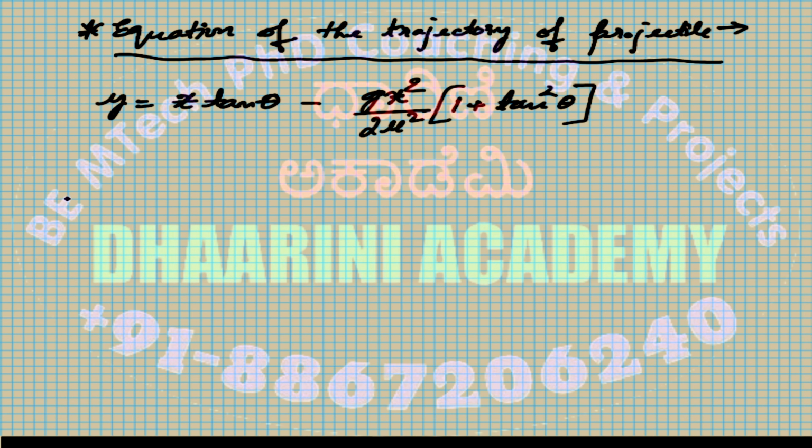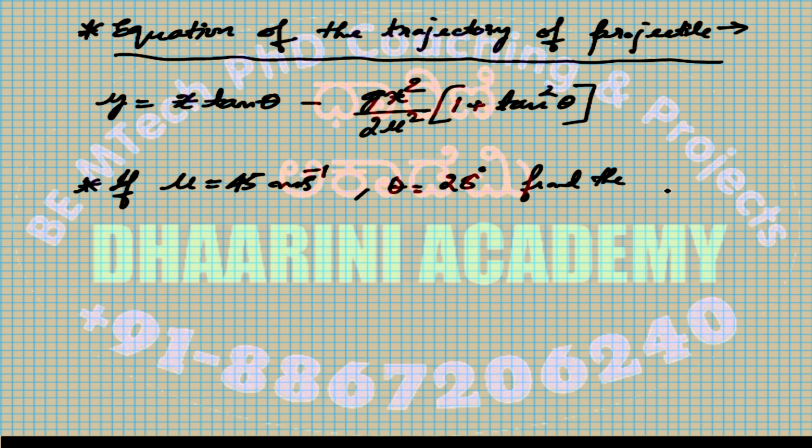So let's solve a problem based on this equation. If u is equal to 45 meters per second, theta is equal to 28 degrees, find the equation of projectile motion.